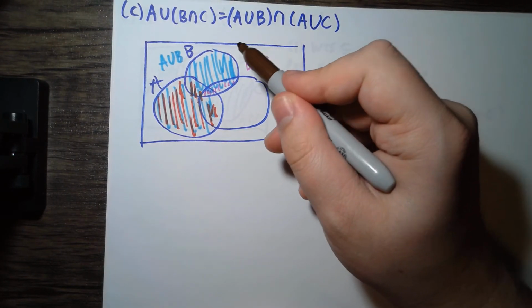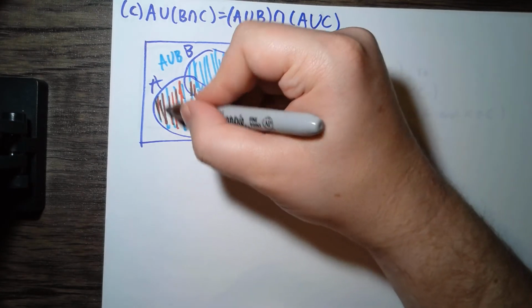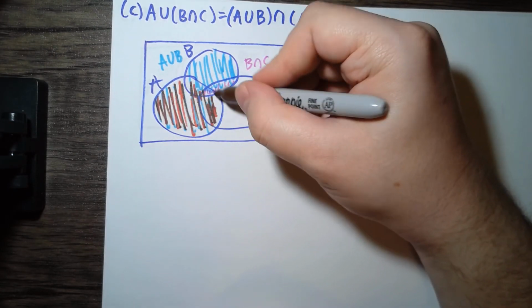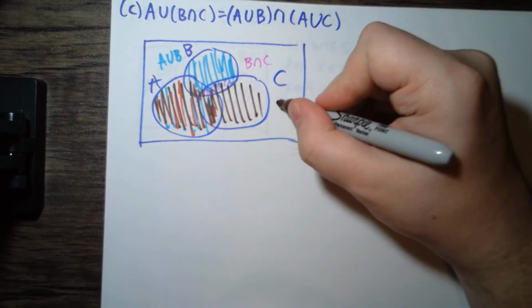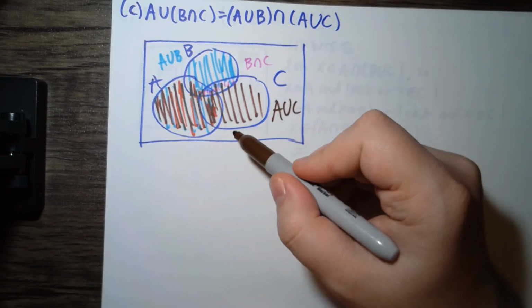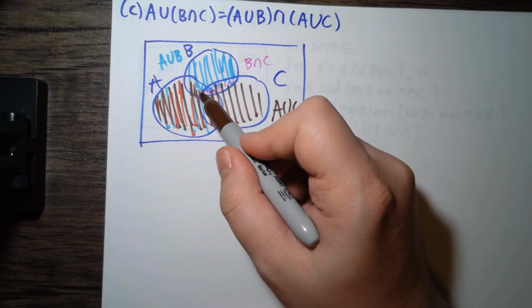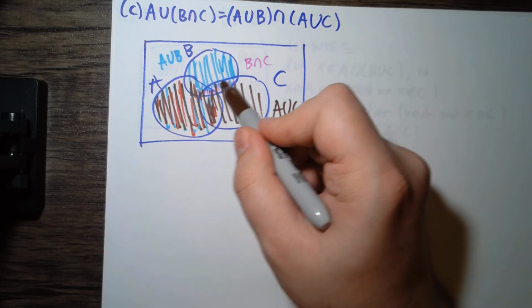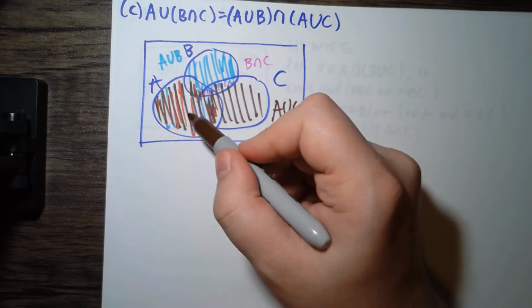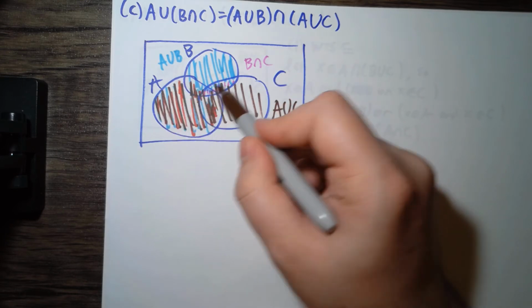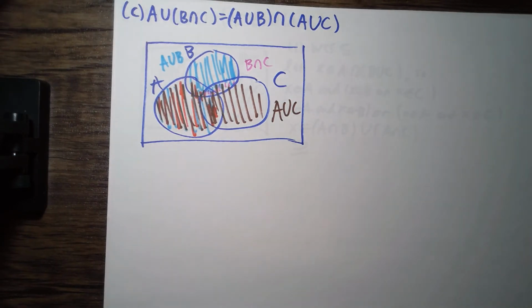So A union C is all of this. And notice they both have A in common, and where they intersect besides A is this sliver right here, which is exactly what A union B intersect C is. So that's kind of the pictorial idea of this.